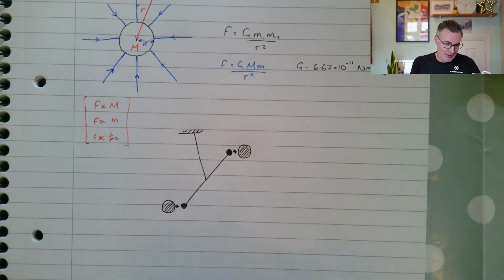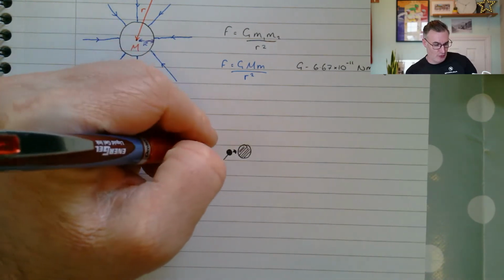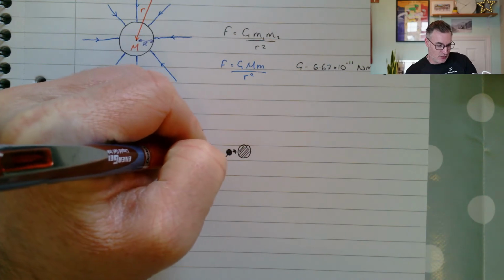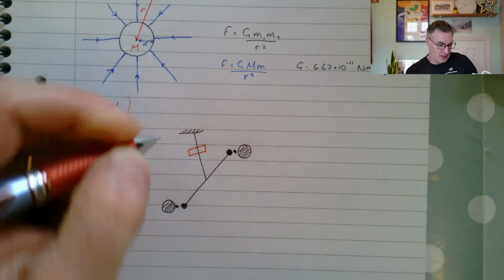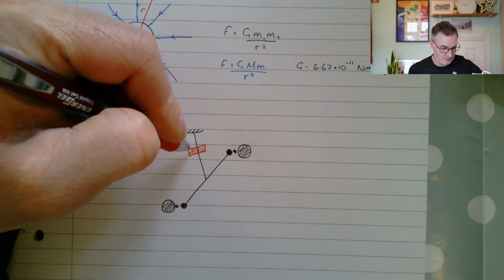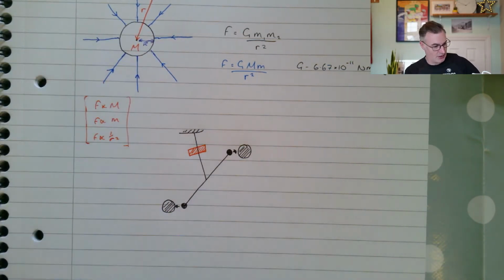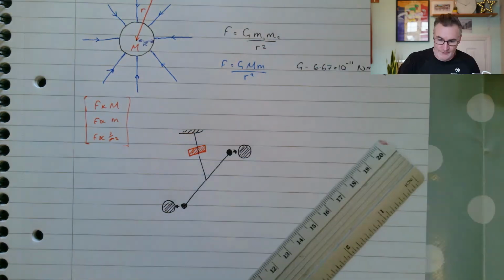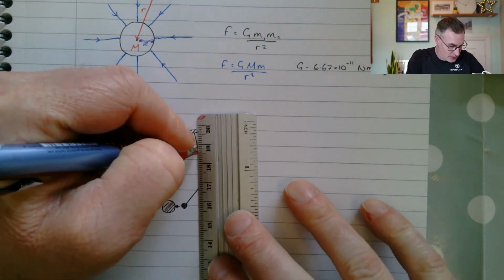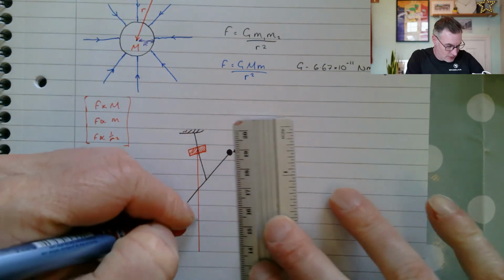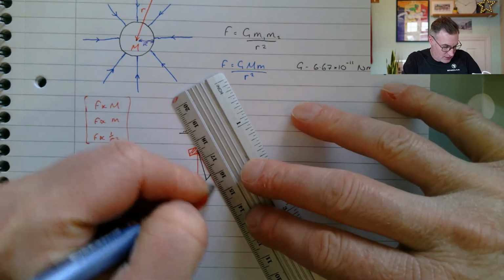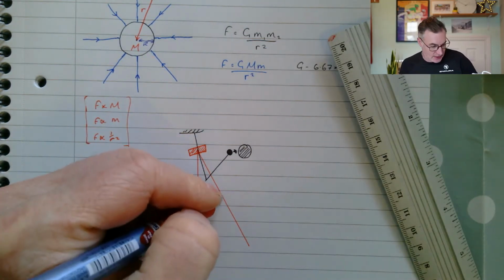And again, the amount of movement is tiny, but what we can do to exacerbate this is that we can get a light beam. So we can shine a light beam, and if I get a ruler, then we can shine our light beam at that, and it's going to come back at an angle.